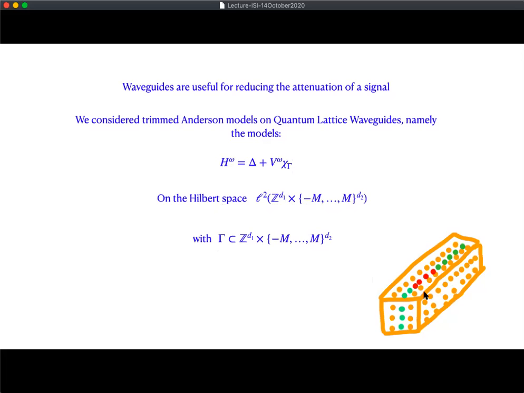For example, it could be missing at the brown sites, the potential is zero at brown sites, and at the green sites it could be present, and the green and red denote different types of atoms. So this is some configuration that is possible. Gamma is simply this, where you have green and red, so that the potential is zero on brown, and it is present somewhere here.